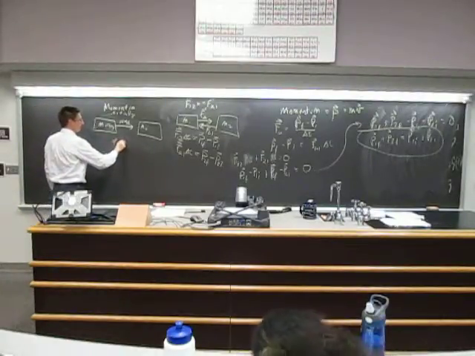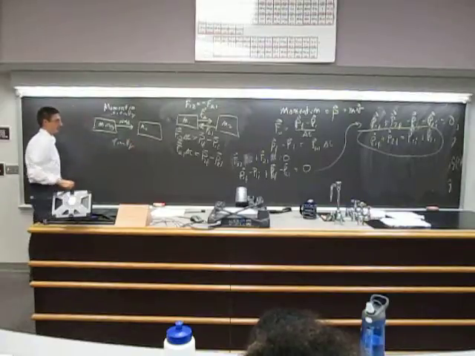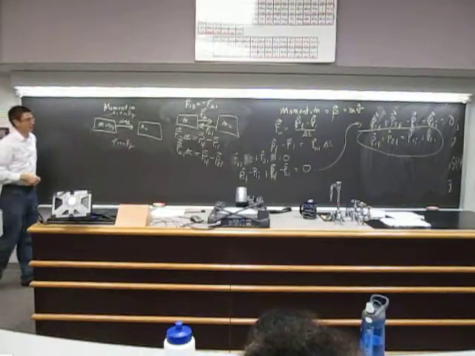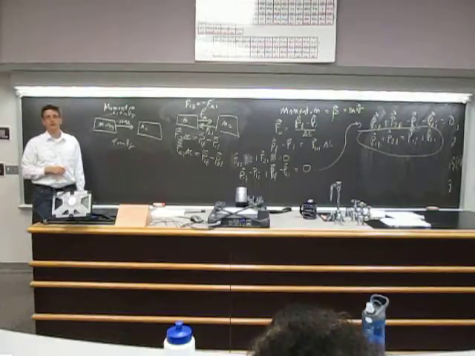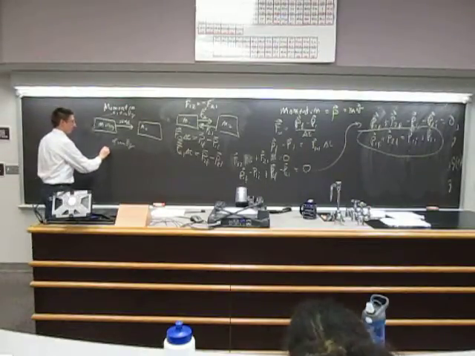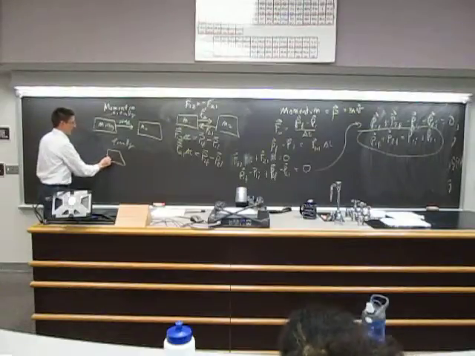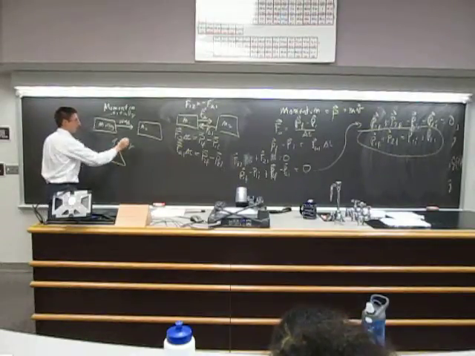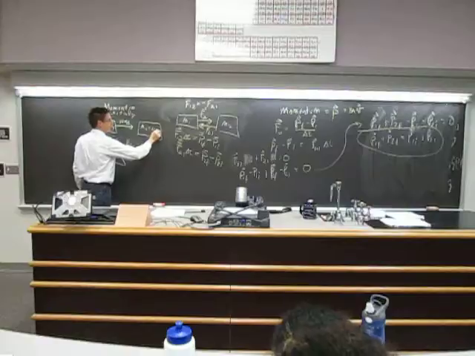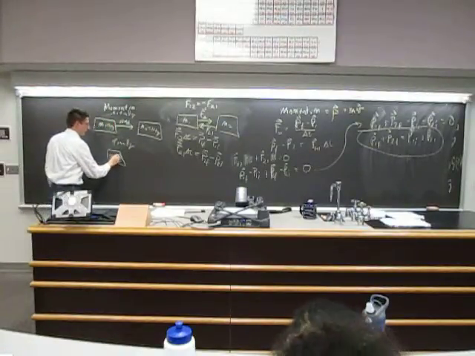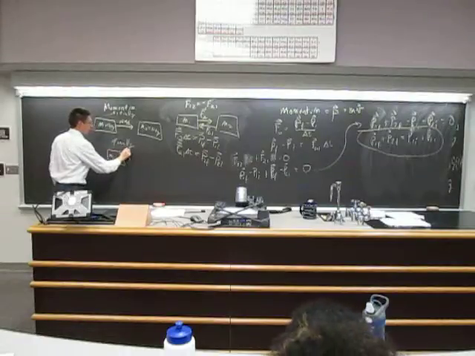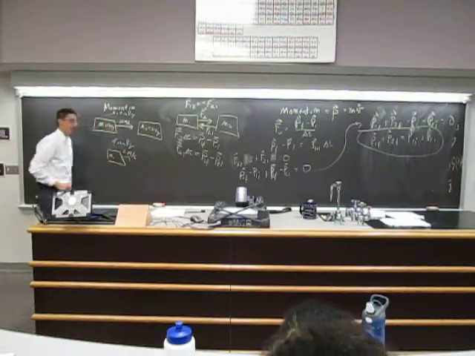Exactly what happens during the collision depends on the nature of the collision. We'll talk about that later. Let's say after the collision, mass 1, which is also 10 kilograms by the way, is moving with a speed of 2 meters per second.